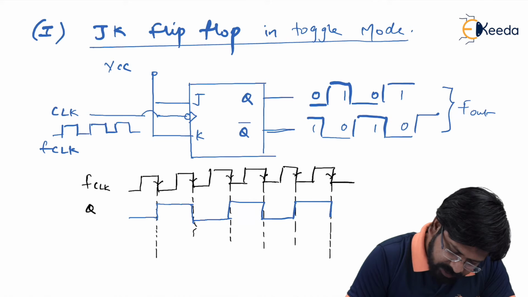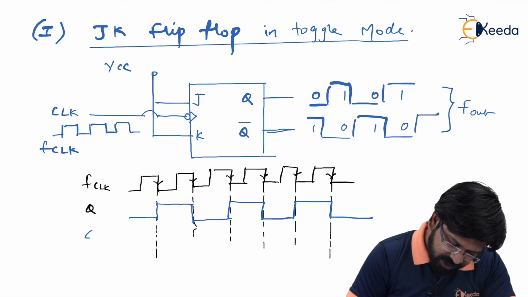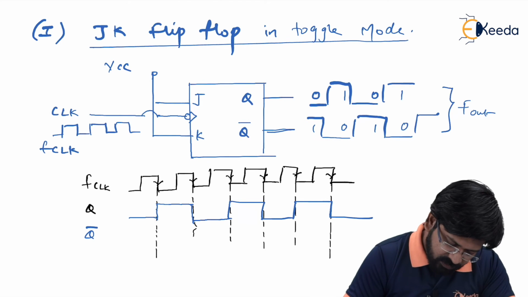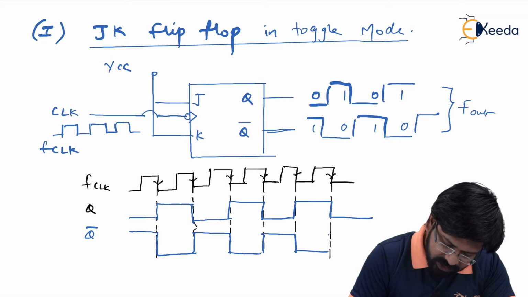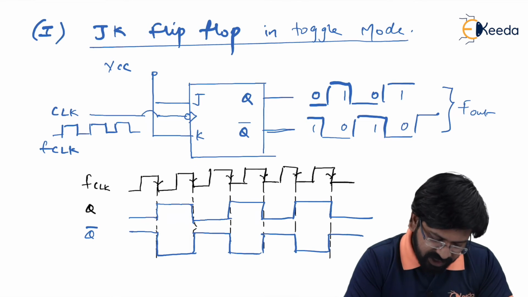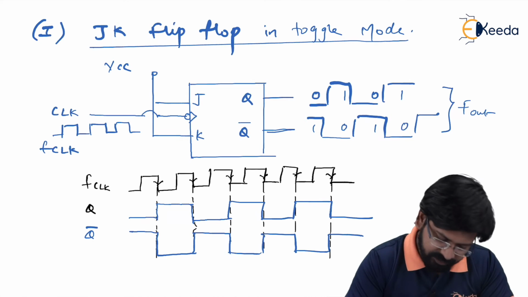So this toggling keeps on happening at Q. The same thing is going to happen at Q bar, but in a reverse way. That is, when 0 is present at Q, Q bar will have 1, then it will be 0. Like this, as you can see, two square waves are generated, one at Q, the other at Q bar. They are just complements of each other. Now let us compare the clock frequency with the output frequency which is generated.